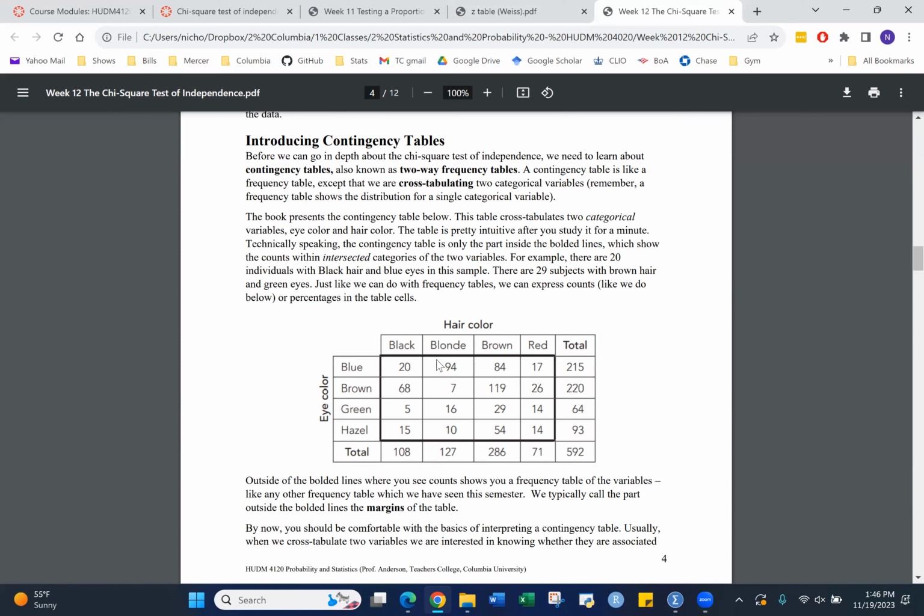It shows what we call in probability theory the joint distribution of two factors. Inside the bolded lines, that's our contingency table. The stuff outside of the bolded lines is helpful detail, but when we refer to contingency tables in statistics, we're really just talking about the intersection of two nominal or ordinal, that is, two categorical factors.